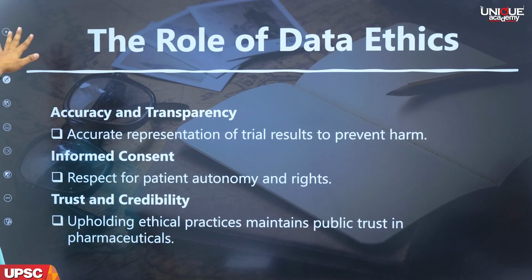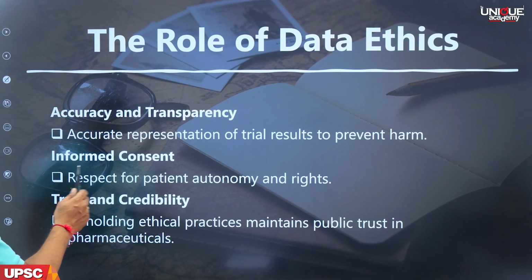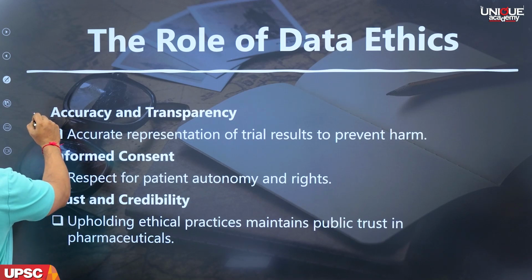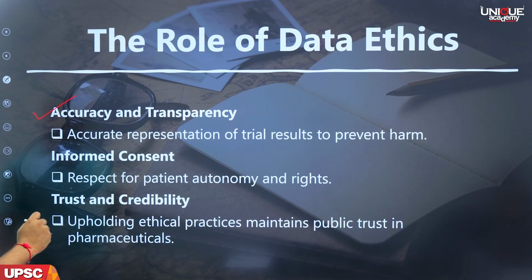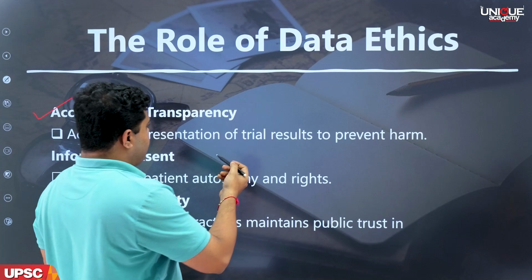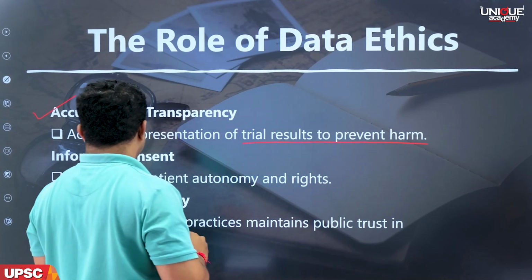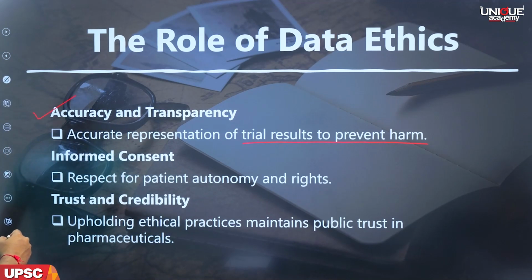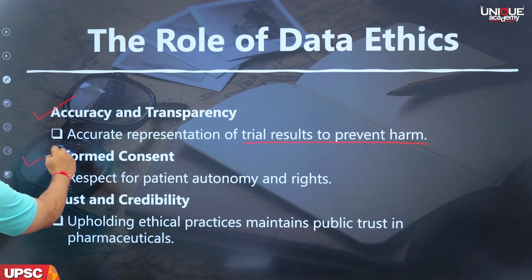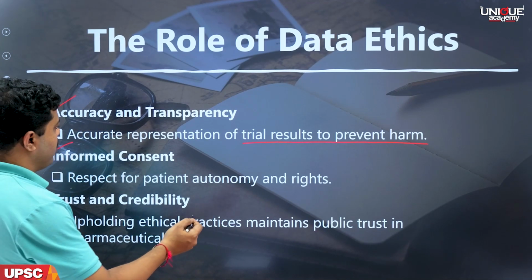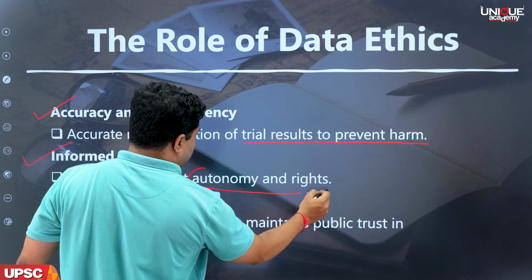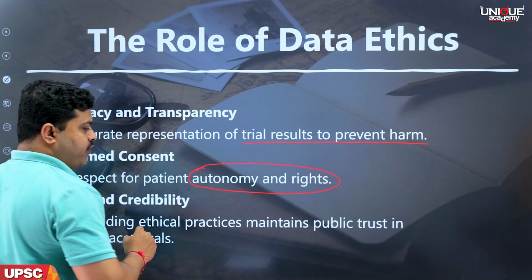अब रोल ऑफ डेटा एथिक्स क्या है? देखो, first it should emphasize on accuracy and transparency. Okay, क्यों चाहिए? Because trials would not cause any harm if there is accuracy and transparency. Then informed consent होनी चाहिए. क्यों? Because patients have got autonomy and rights to do whatever they want with their life.